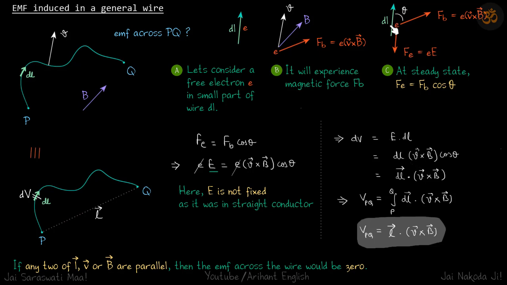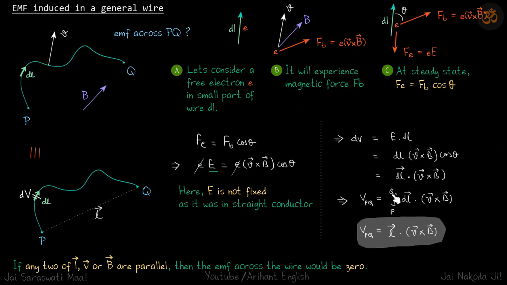This dl and V cross B are making an angle theta, so I can write this as dl into this into cos theta, which is the dot product of dl and V cross B. So this is dl dot V cross B. If I integrate this, I will get the complete EMF on the whole wire.